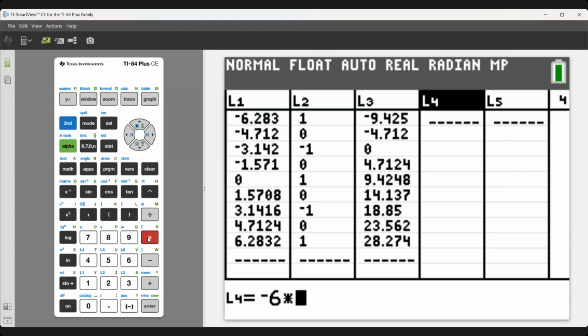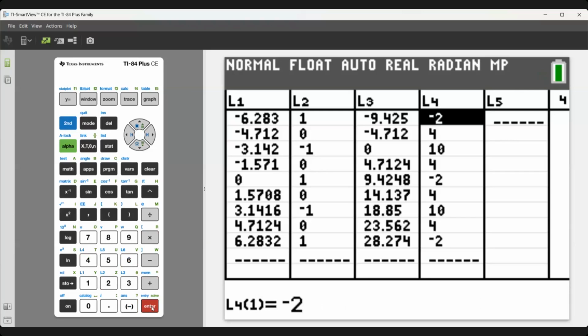We'll put a -6 times, and our y coordinates were in L2. And then we also had a translation 4 units up, so we'll put a +4 and enter. And these should be our new y coordinates. And then from there, we are going to graph these 9 image points.